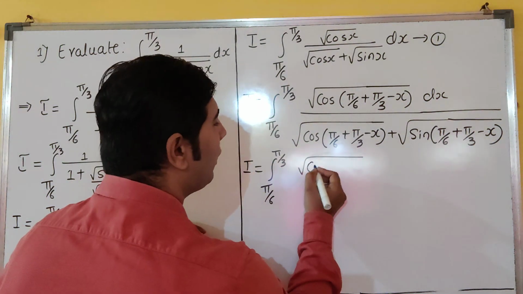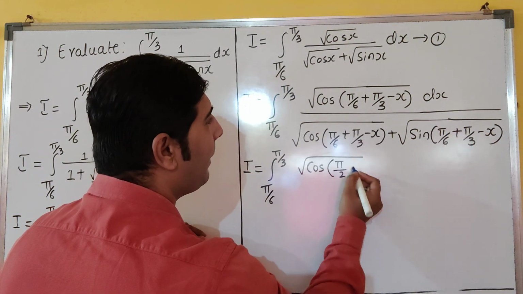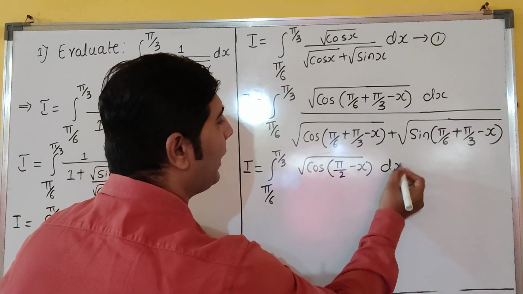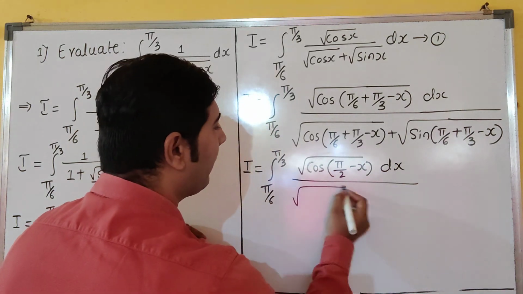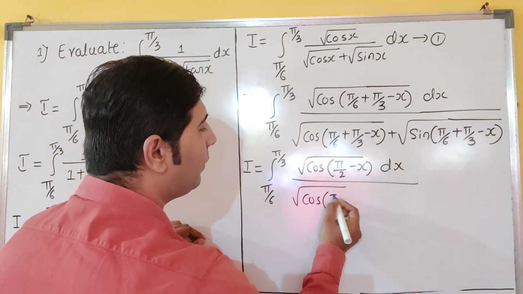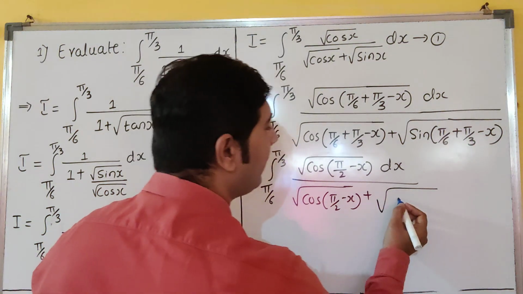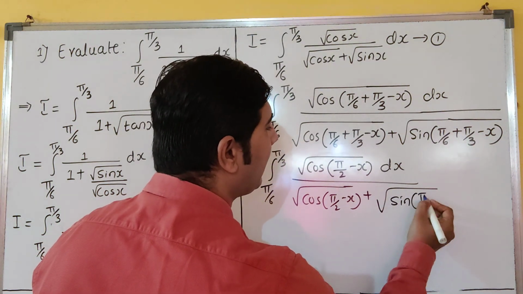So now cos of pi by 6 plus pi by 3, how has it become? Pi by 2 minus x into dx whole divided by cos of pi by 2 minus x plus the same sin of pi by 2 minus x.